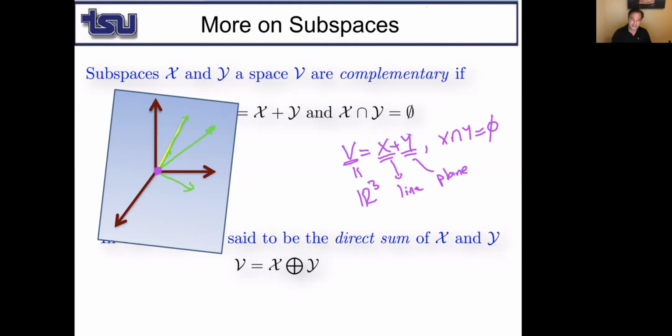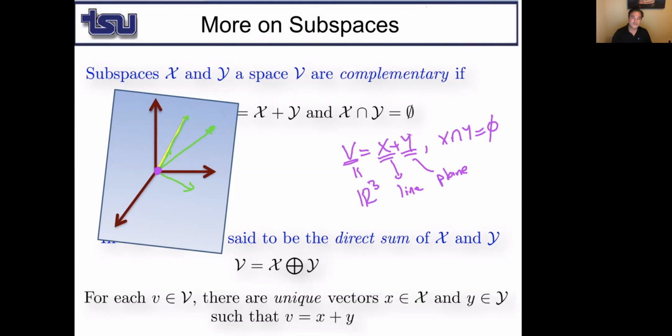And we say that V is the direct sum of X plus Y in this case. If the intersection is 0, then we call X and Y a direct sum, or V is said to be the direct sum of what? X and Y. What does that mean?